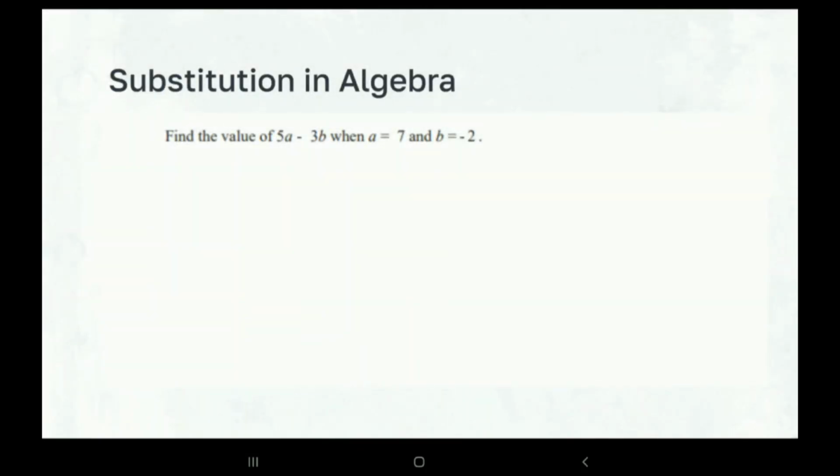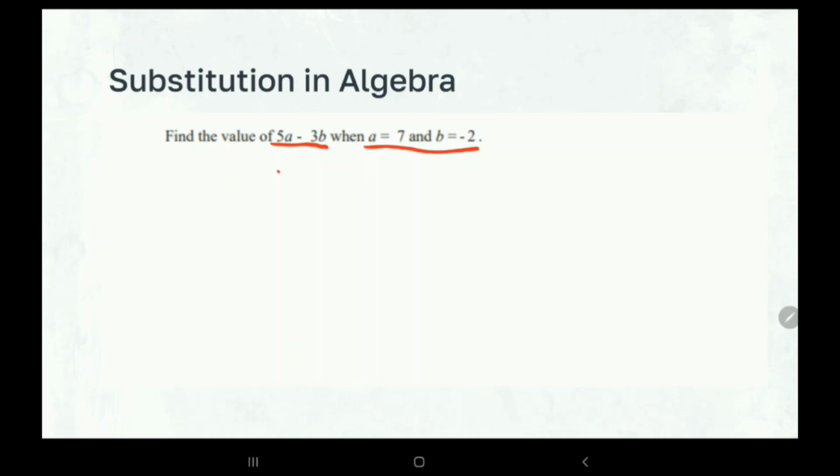Okay, so we have an example here. Find the value of 5a minus 3b when a is equal to 7 and b is equal to negative 2. Essentially we would just put these two values into these variables.